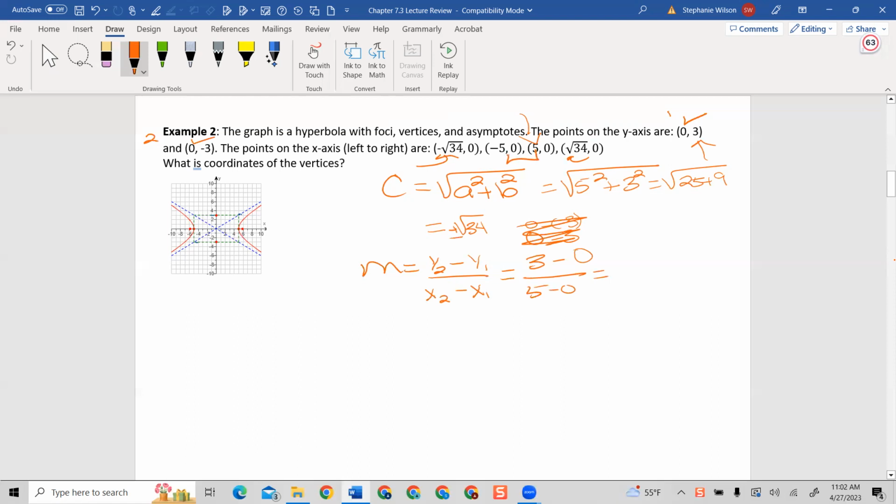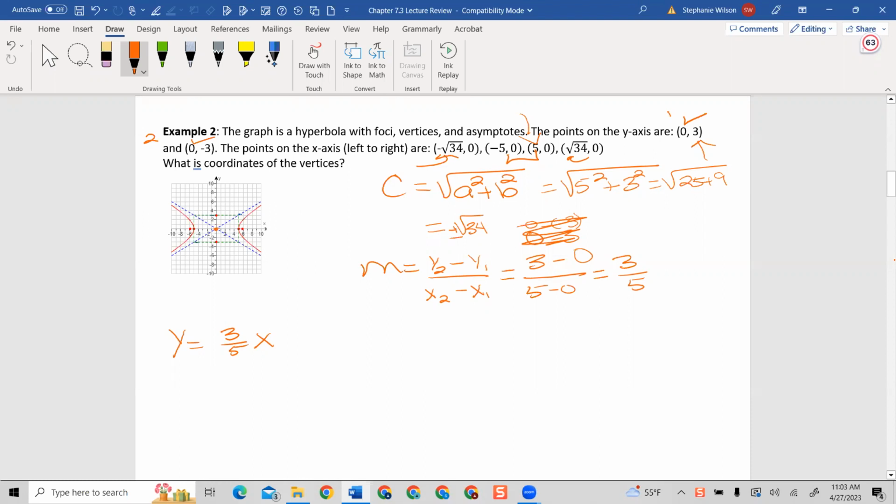Now for the x value, so now I have 3/5. So I have the slope of 3/5. Now I can write my slope-intercept form. It's y is equal to 3/5 x. I can find my x and y intercepts, which is already given to us. It's right here at the origin.